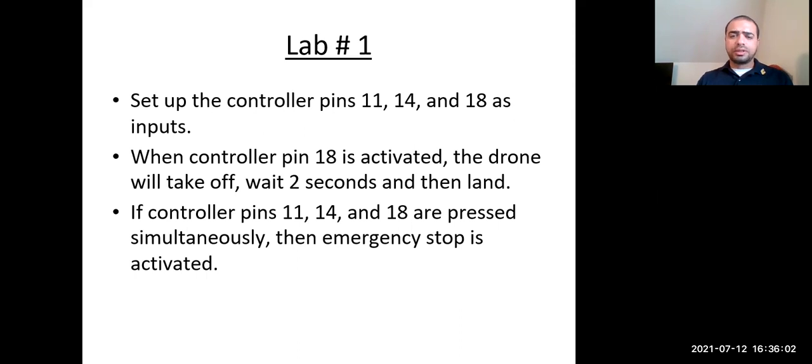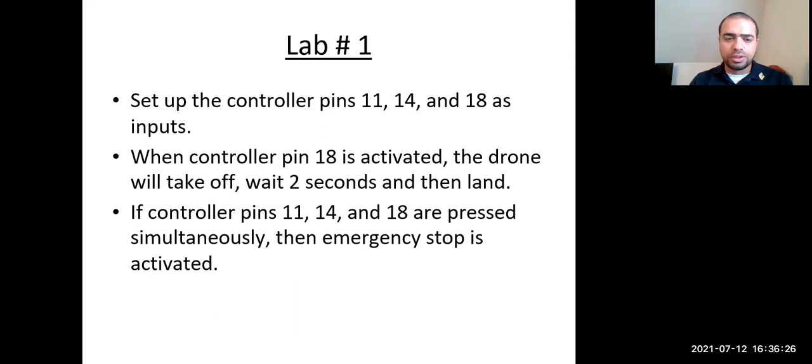Now let's look at lab number 1. Set up the controller pins 11, 14, and 18 as inputs. When controller pin 18 is activated, the drone will take off, wait 2 seconds, and then land. If controller pins 11, 14, and 18 are pressed simultaneously, then emergency stop is activated.